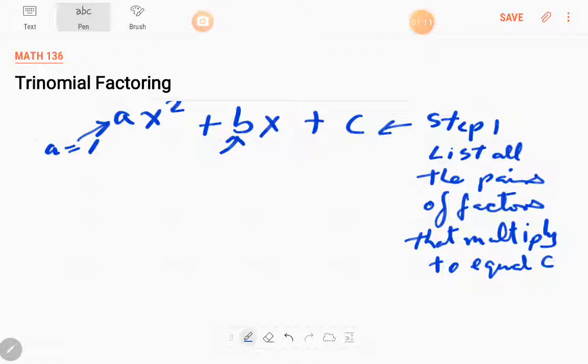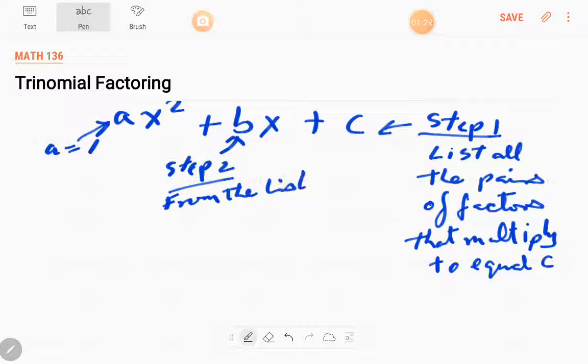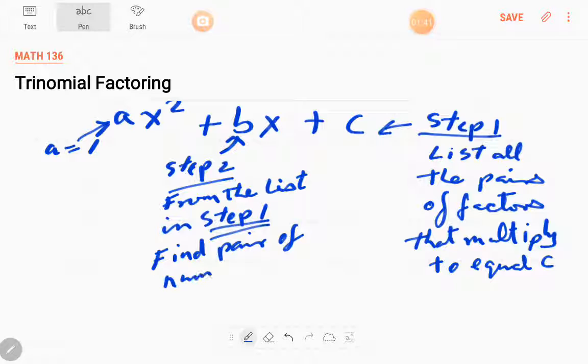Step 2 would be to, from the list in step 1, find a pair of numbers that adds to equal b.